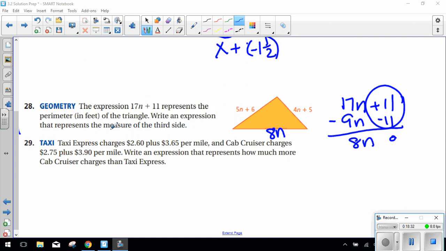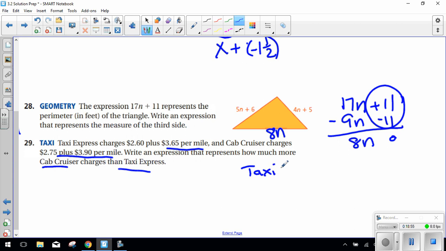Okay, and for the last one, Taxi Express charges $260 plus $365 per mile. Cab Cruiser charges $275 plus $390 per mile. Write an expression that represents how much more Cab Cruiser charges than Taxi Express. So here we go.